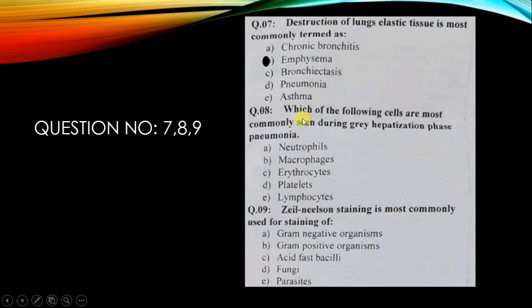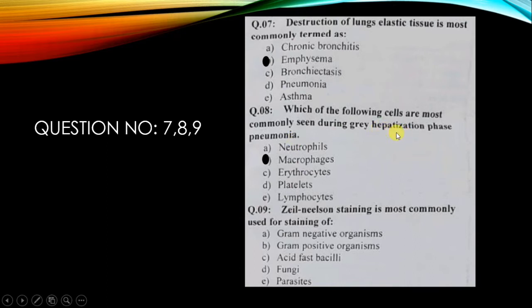Question number 8 says which of the following cells are most commonly seen during the gray hepatization phase of pneumonia? Neutrophils, macrophages, erythrocytes, platelets, or lymphocytes. Macrophages are the most commonly seen cells in the gray hepatization phase of pneumonia.